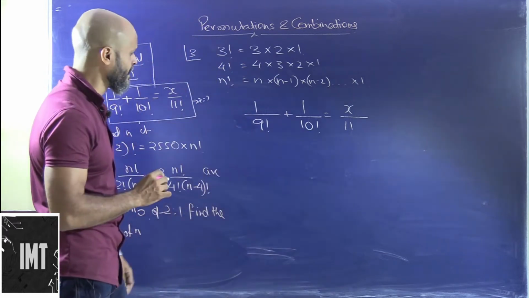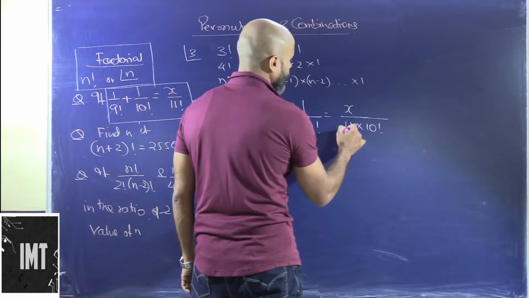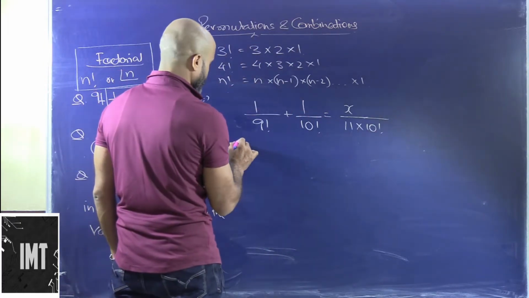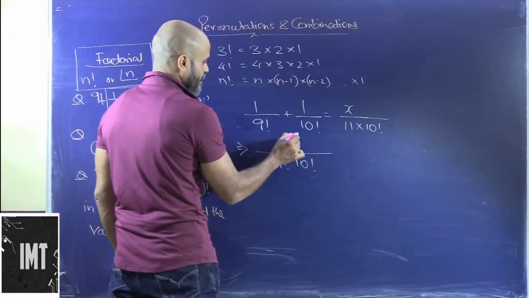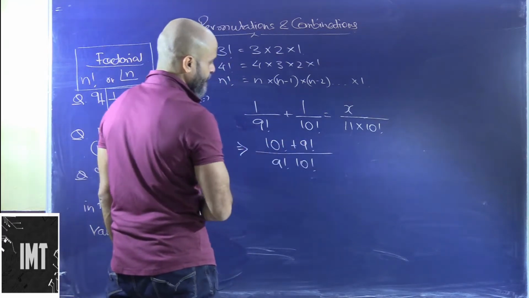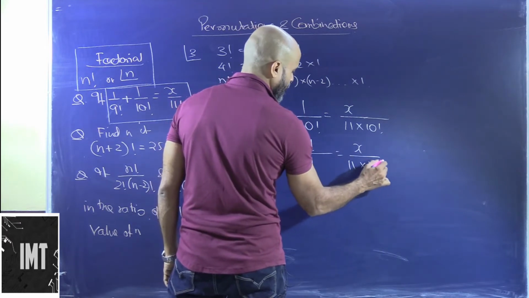Now factorial 11 can be written as 11 into factorial 10. So this can be written as factorial 9 factorial 10 below, and above we will have factorial 10 plus factorial 9, is equal to x by 11 into factorial 10.